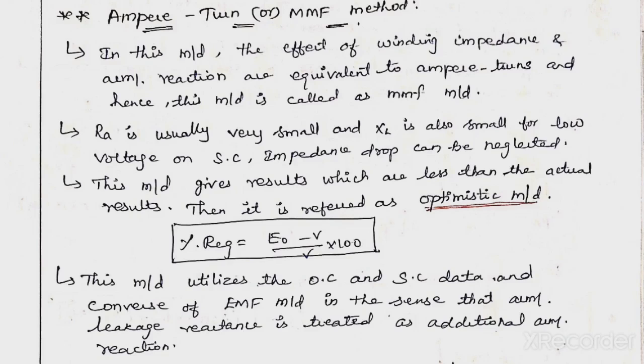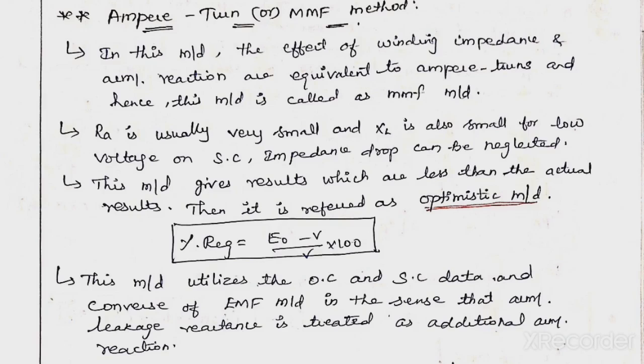RA is usually very small and XL is also small. For low voltage on short circuit, the impedance drop can be neglected because RA and XL are very small at a low voltage.